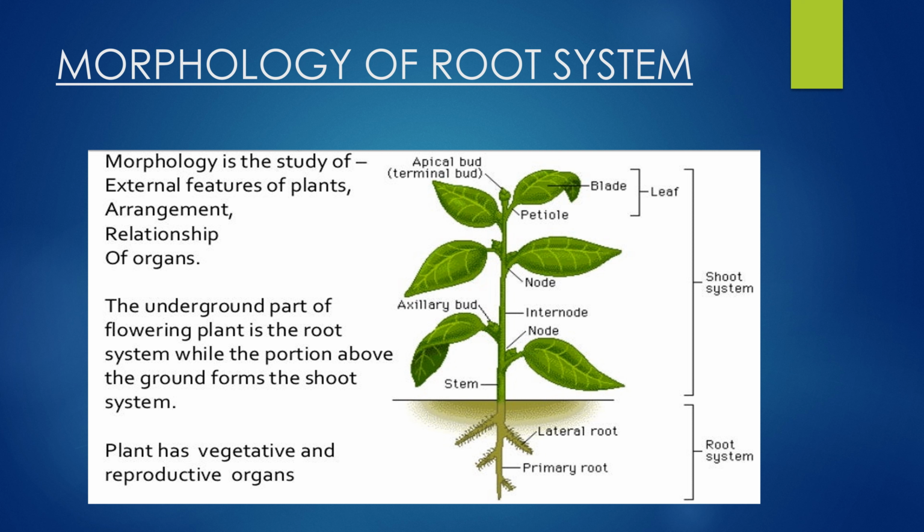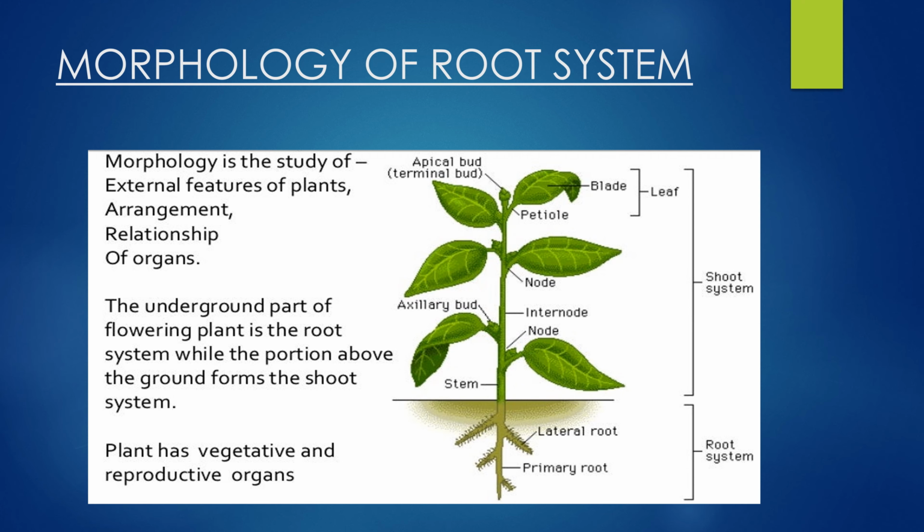Now the root system consists of lateral root and primary root, whereas the shoot system consists of node, internode, stem, leaf, apical bud, axillary bud, and so on. Plants have vegetative and reproductive organs as well.